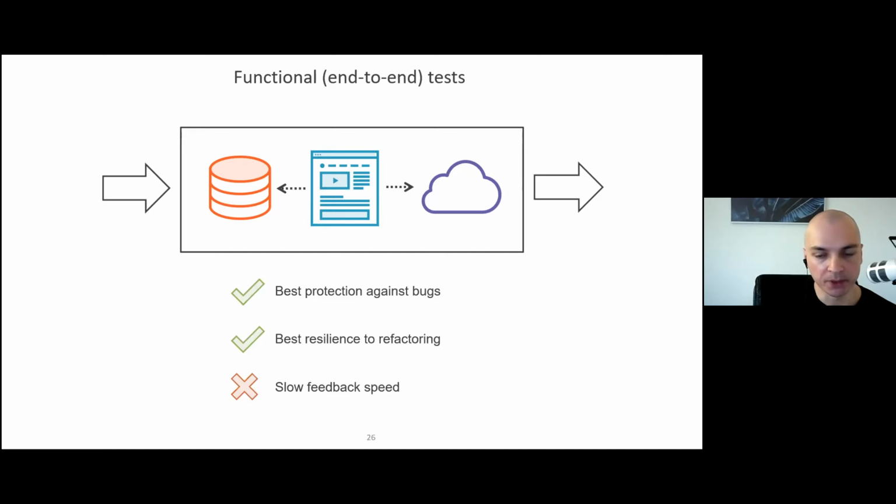Also, they provide you with the best resilience to refactoring. And that's because such tests are the most distant from implementation details of your code. They verify your system from the end user's perspective. They don't care about implementation details at all. But the drawback of these tests is that they are quite slow. And you cannot cover all your application with just end-to-end tests because of that. They are also not quite maintainable, but that's a different topic.